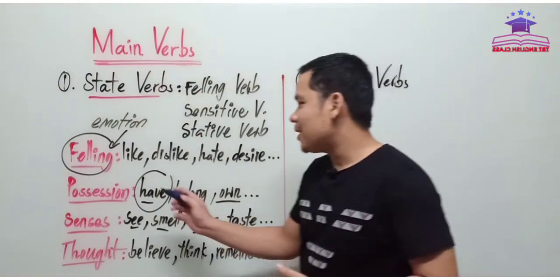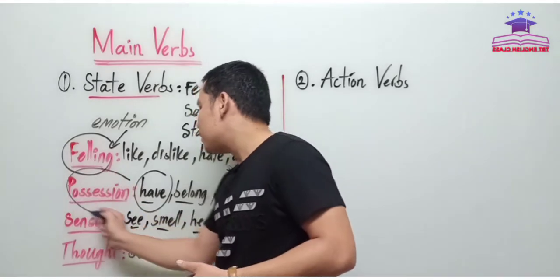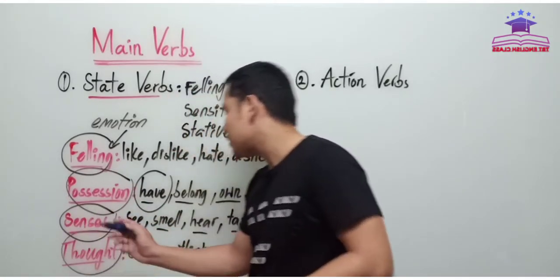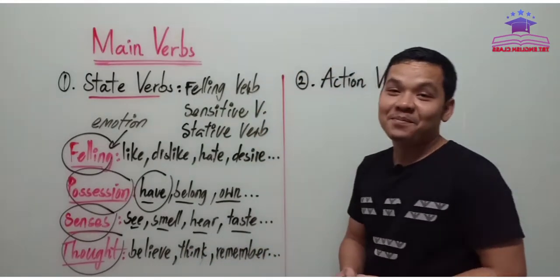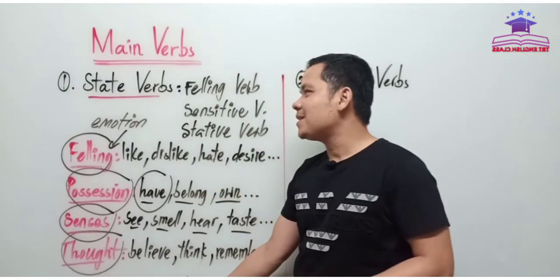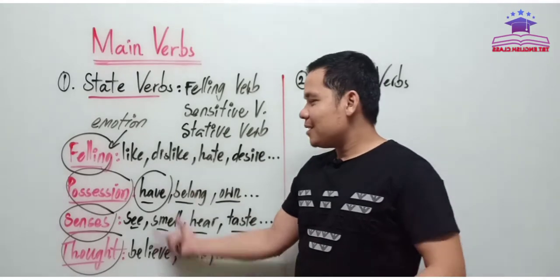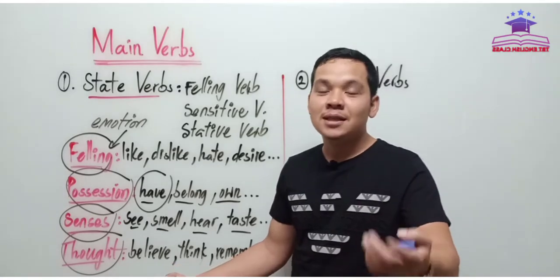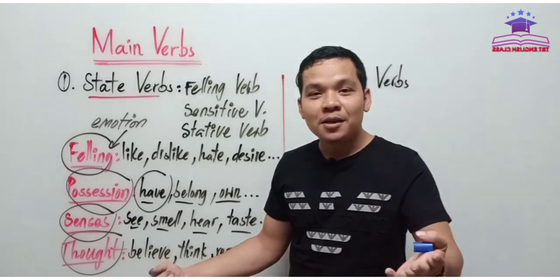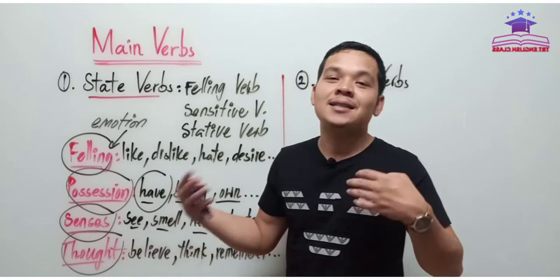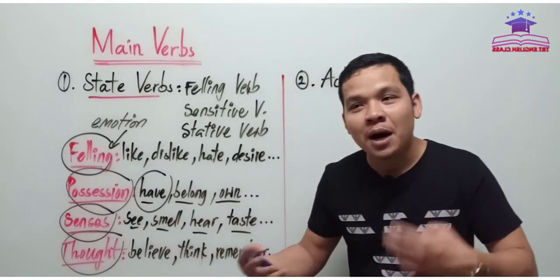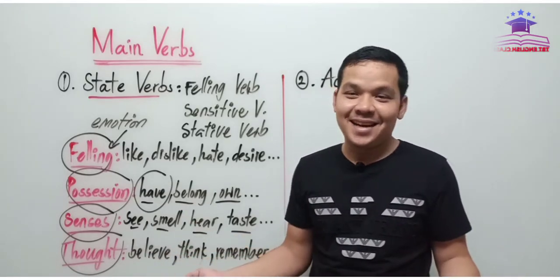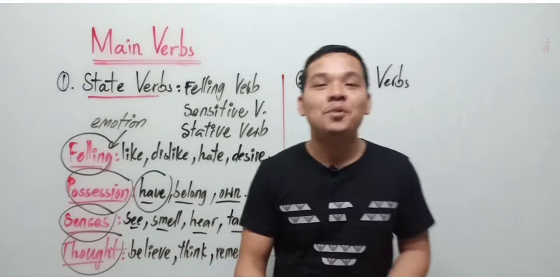Okay, so you can see feeling is also a state verb, position is also a state verb, sense is also a state verb, and thought is also a state verb. So all of these state verbs refer to states, feelings, or sensitive verbs that describe feeling rather than actions. Okay, let us see some examples after this.